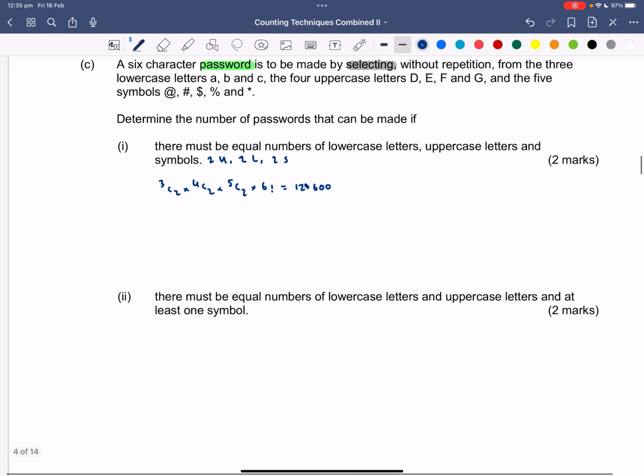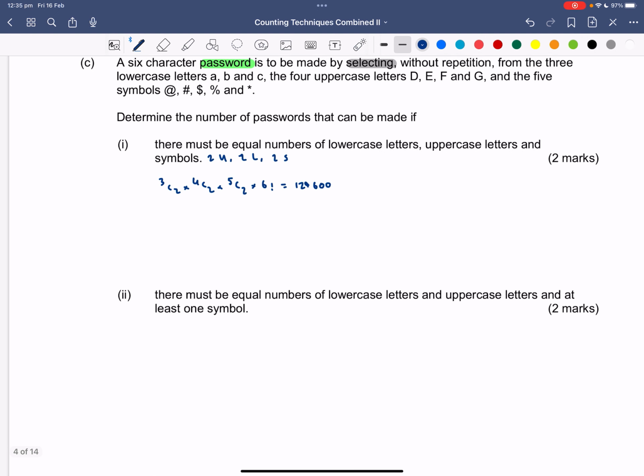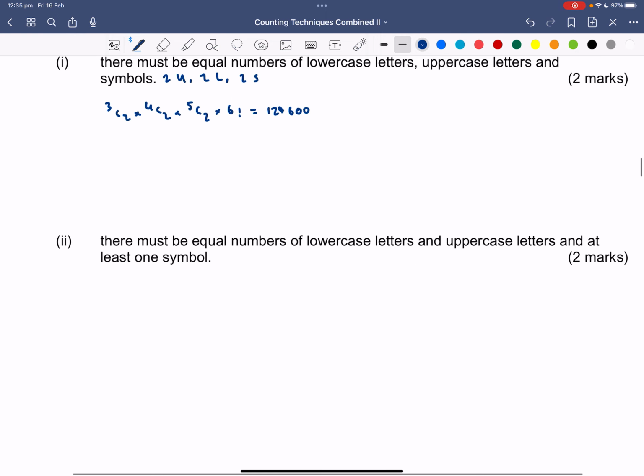What if there must be an equal number of lowercase letters and uppercase letters and at least 1 symbol? Well, there's not much you can do, guys. You can either have 1 uppercase, 1 lowercase, and 4 symbols. That would work.